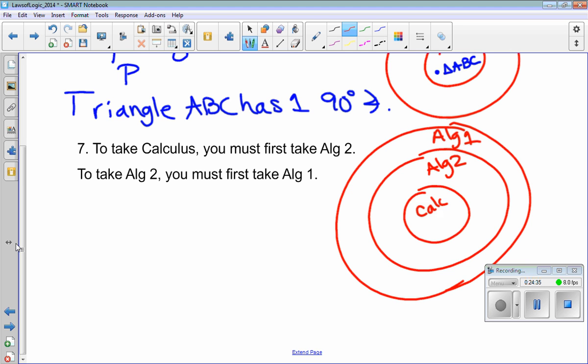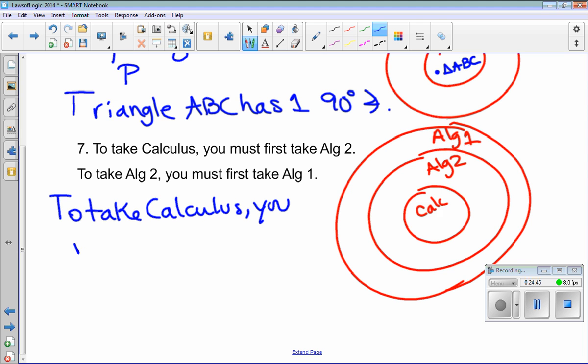Syllogism, right? So what is the conclusion here, Jason? Help me out. To take what? Exactly. You must first take algebra 1. Excellent. While I'm finishing writing this, can you draw the Venn diagram that goes to number 4?